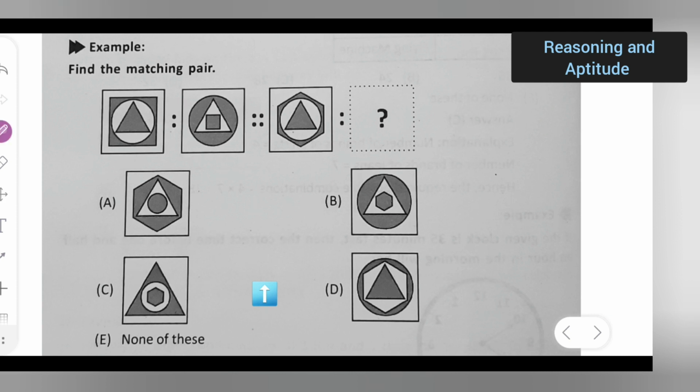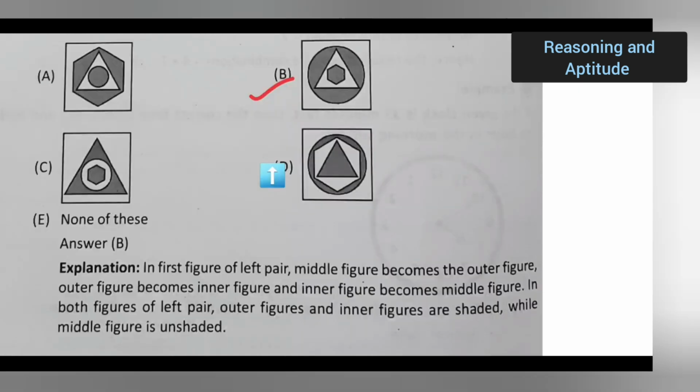Obviously, option B is the correct option. Why is option B correct? Let me tell you why. The explanation is right over here.